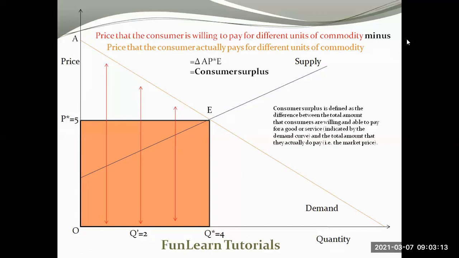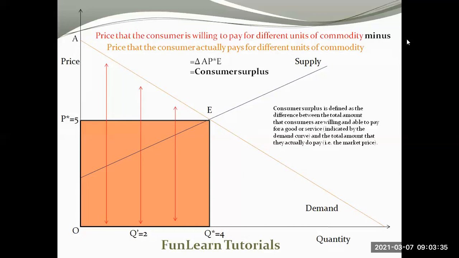So the definition of consumer surplus is: consumer surplus is defined as the difference between the total amount that the consumers are willing and able to pay for a good or service, indicated by the demand curve, and the total amount that they actually do pay, that is the market price. So let's look at it again, word by word.